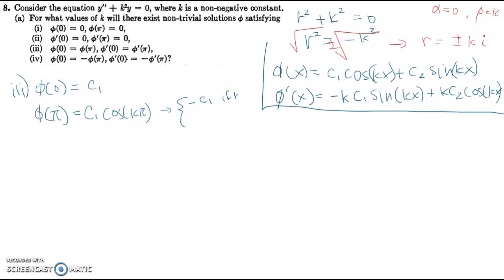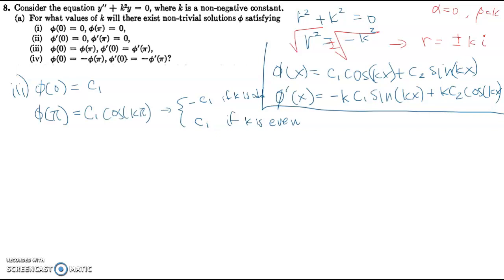And we're going to get just positive c1 if k is even. If you think about it, cosine of 2 pi is positive 1, so it's going to be positive c1. Cosine of 4 pi is also positive 1.